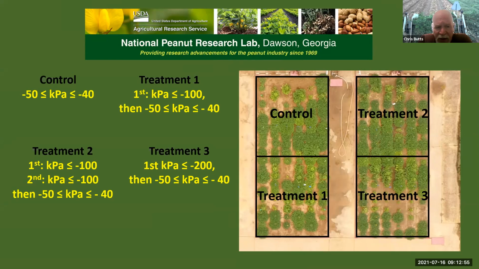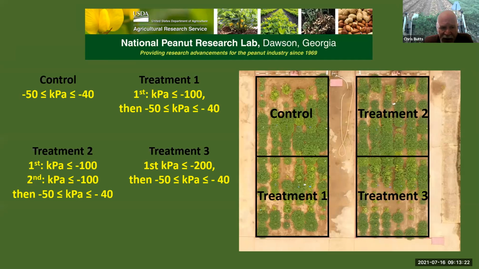Treatment 2, we did 2 cycles of the 100 kilopascals to trigger irrigation. And treatment 3, we allowed the soil water tension to increase to 200 kilopascals, and then we irrigated according to the Irrigator Pro threshold of 40 kilopascals.